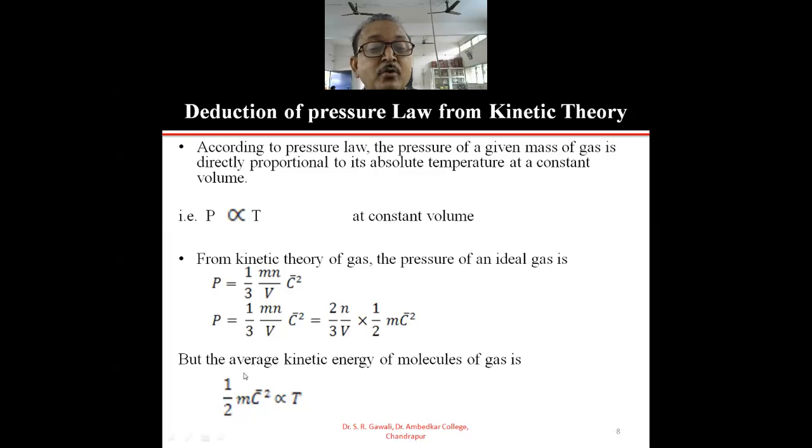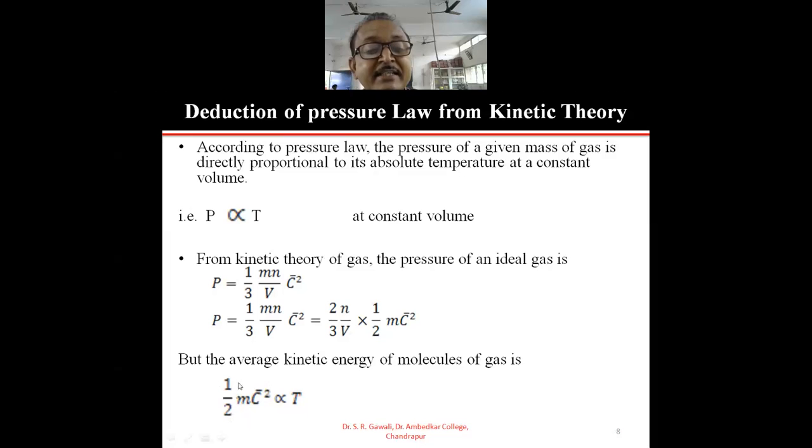So the average kinetic energy of the molecule of the gas, 1 by 2 m c bar square, is directly proportional to the temperature, and this is from the kinetic interpretation of the temperature.